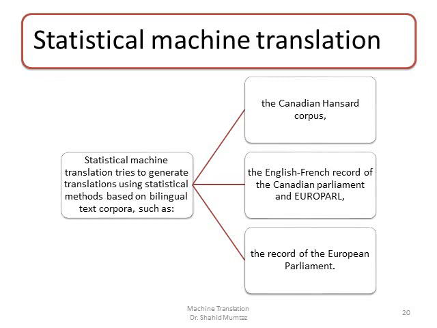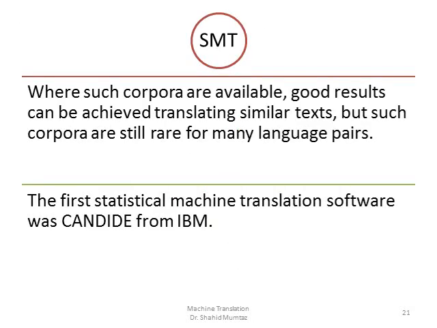For example, the Canadian Hansard corpus, the English-French record of the Canadian Parliament, and Europarl, the record of the European Parliament. Where such corpora are available, good results can be achieved translating similar texts, but such corpora are still rare for many language pairs.